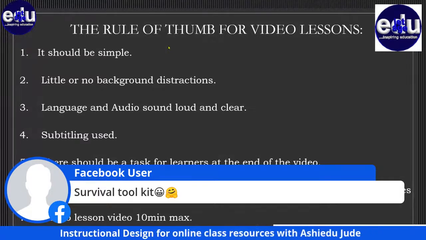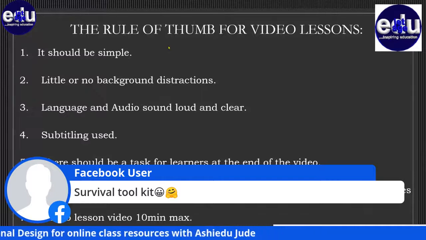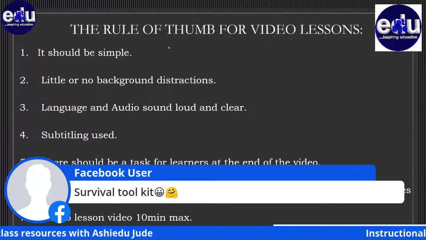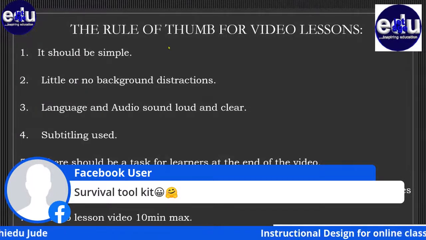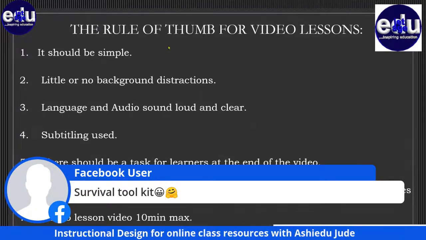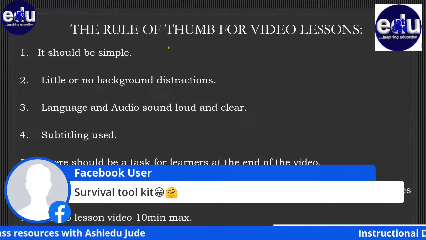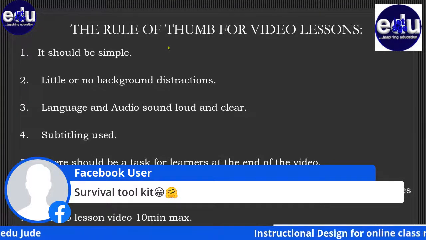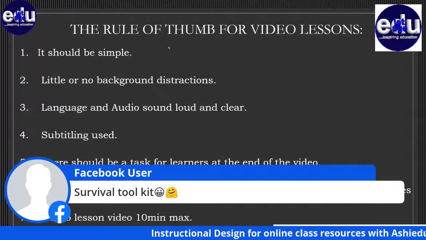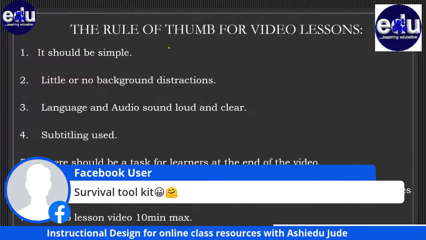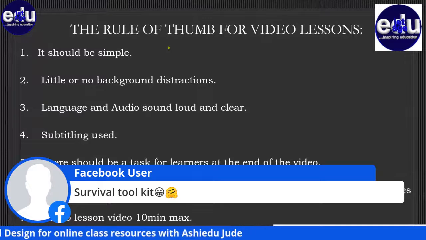So make sure you put a task. The task can be a big text, and you talk over that text and tell the child, do this after watching this video. So it gives that video much more purpose. It's what you do in the classroom. After a class, you give an exercise, right? So after creating a video, put a task at the end of that video.